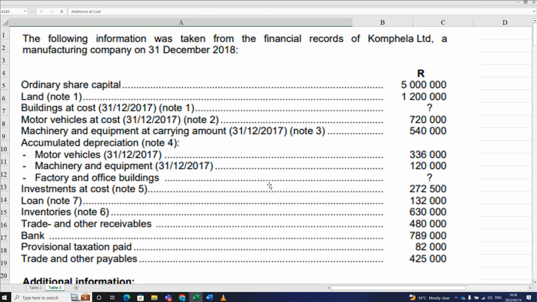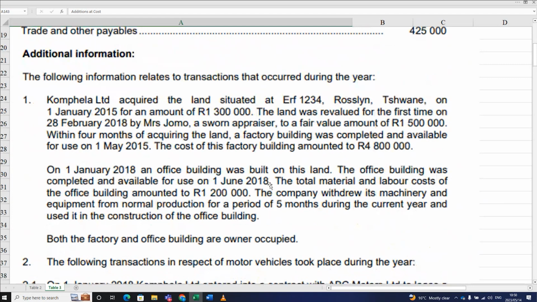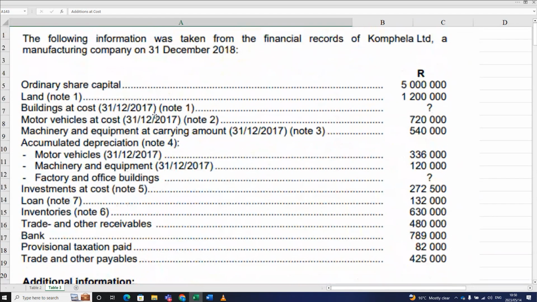And then we have the notes, the additional information. Even in this layout, you want to take note of the date this information has been given to you, because sometimes they give you a carrying amount at a different date. If they say all of this information is at 31 December 2018, but they're giving you some items, not all of them are at the end of 2018.